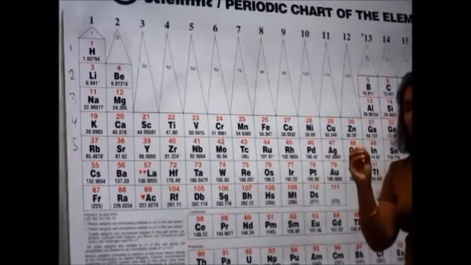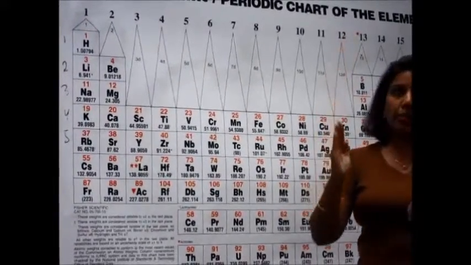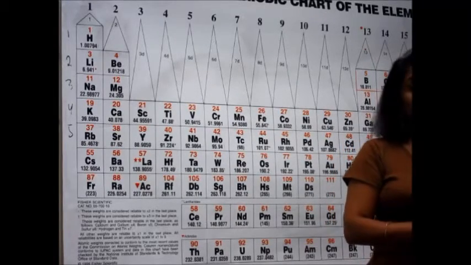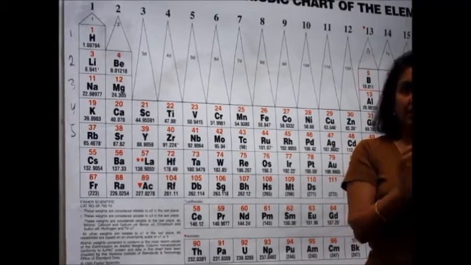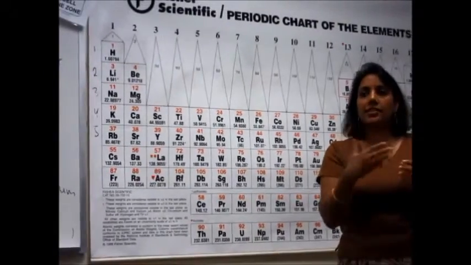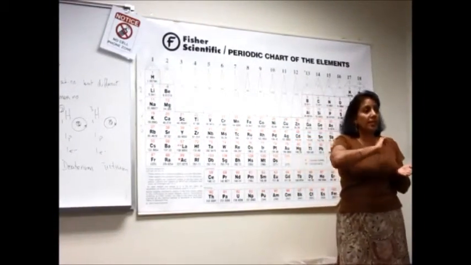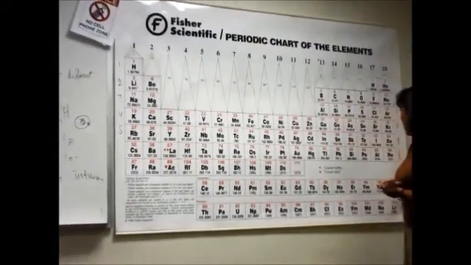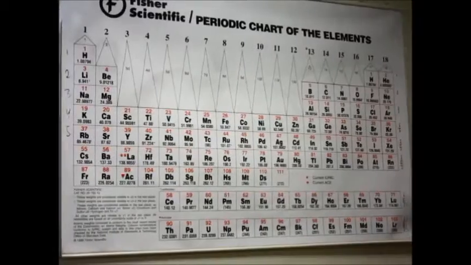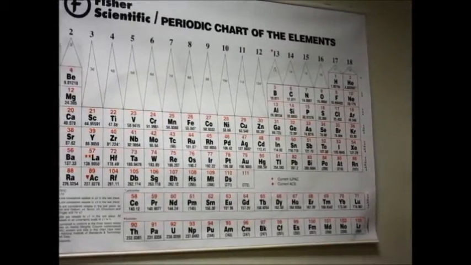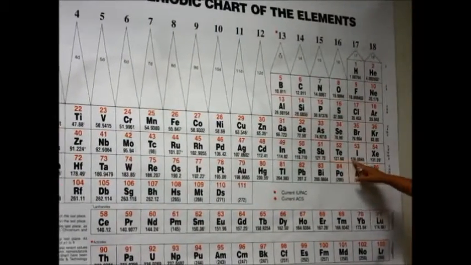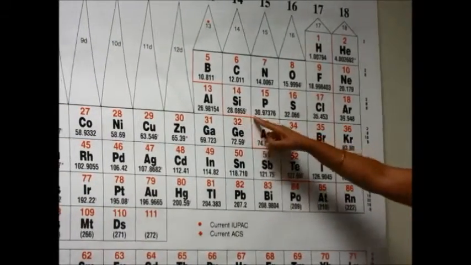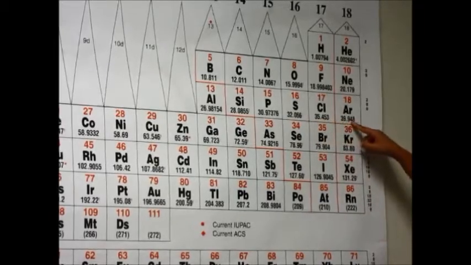Then what he was trying to do was get all the elements with the same chemical properties in one group. When he went by mass, sometimes that was not happening. Things were falling out of place. So he had to go back and check again, and it turns out that when he did it by atomic number, everything just fell into place. I want to bring to your attention maybe just 1 or 2 elements that I can remember that have weird masses, in which the mass goes down, because generally the mass will also go up as you're going along chronologically.